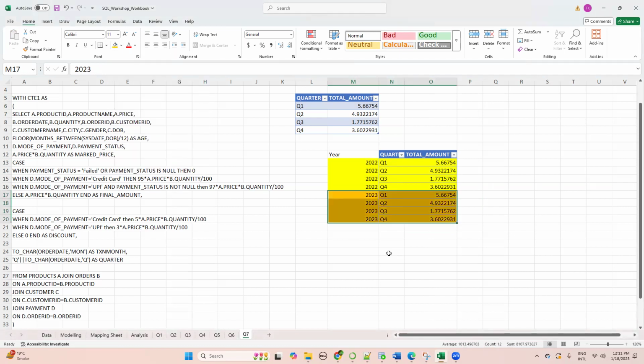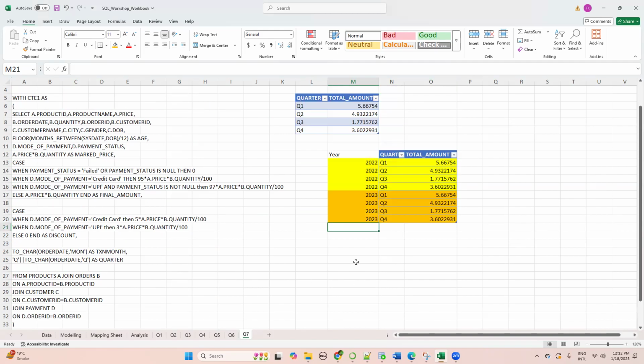Similarly, you can have data of 2024 as well, for the 4 quarters. And then you can show whether it is increasing or decreasing. What is the flow there in 2022 quarter 1, 2023 quarter 1, compare it. Then 2024 quarter 1, compare and check whether it is increasing or decreasing. Got it?